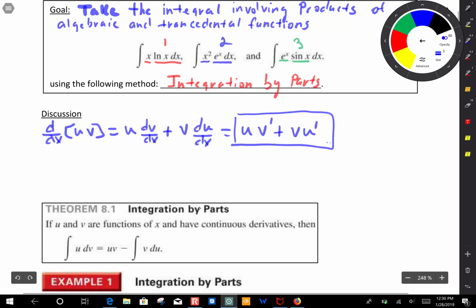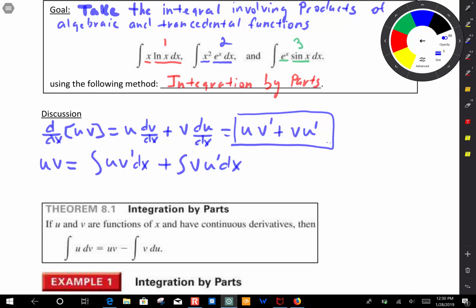Therefore, if I want to get back uv, all I have to do is take the integral of u v prime dx plus the integral of v u prime dx.